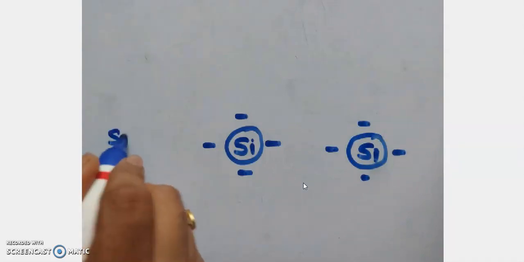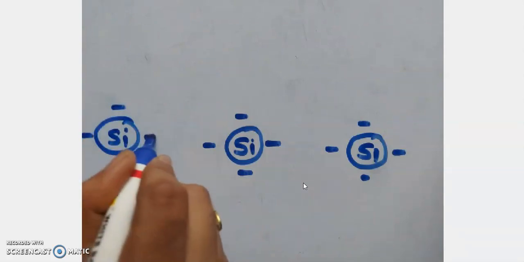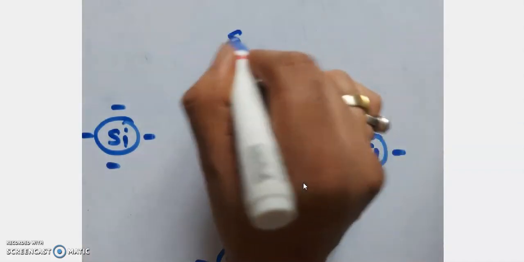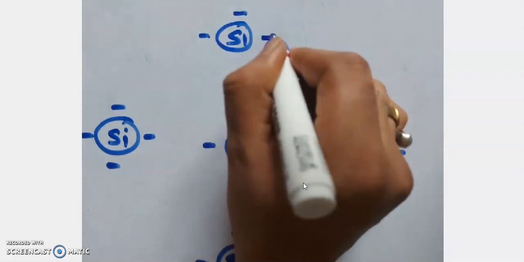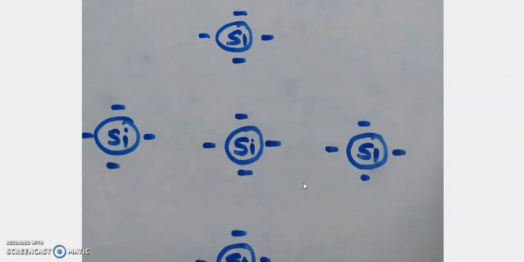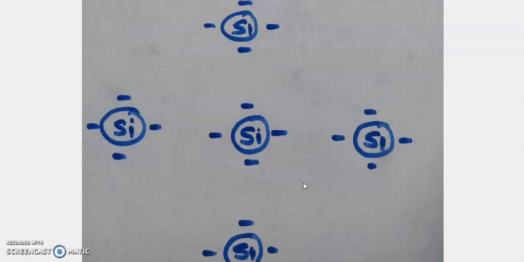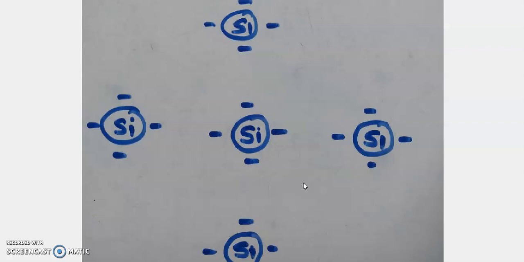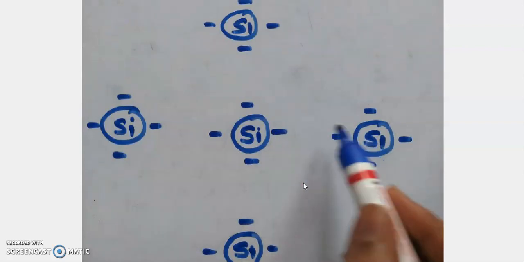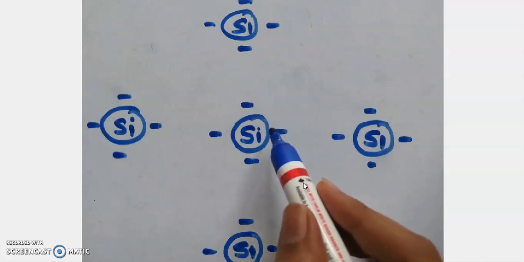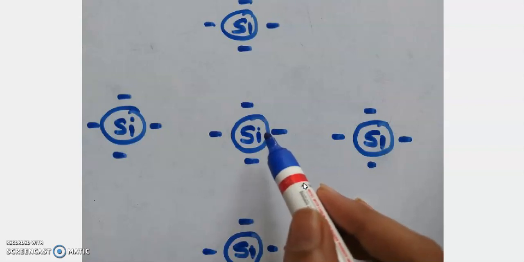Likewise I can show n number of silicon atoms adjacent to each other, each with four valence electrons. Right now in front of the screen we can see that the silicon atoms are there and these are not at all bonded with each other. Now what happens whenever the silicon atoms start interacting with each other?